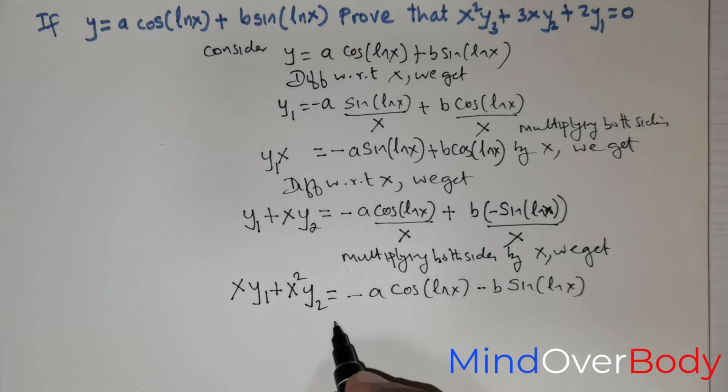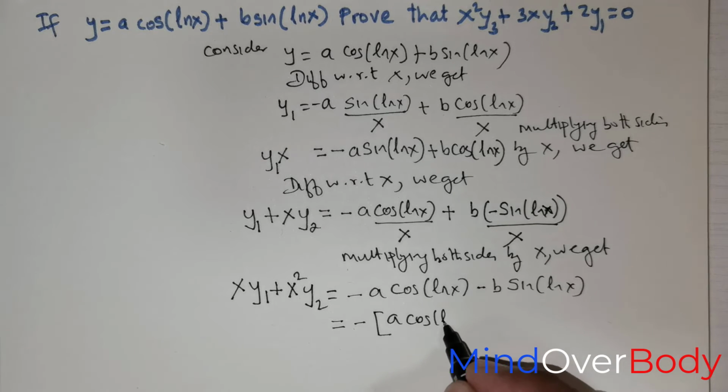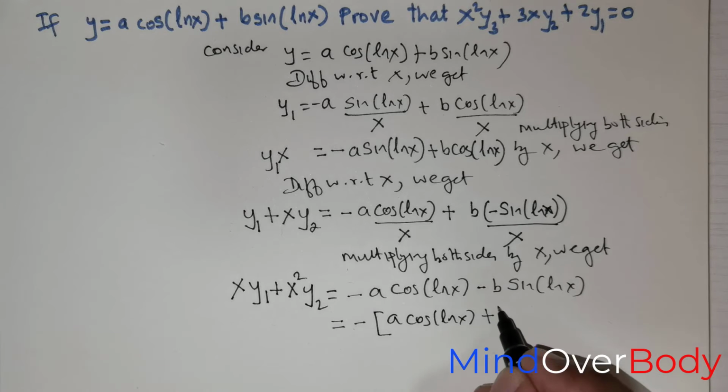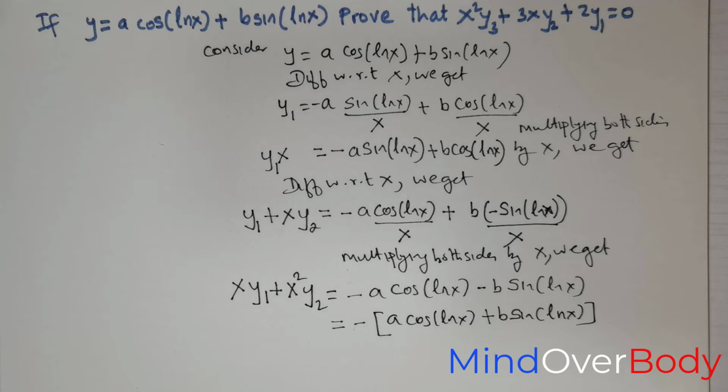Now I can clearly take the negative sign out. If I were to do that, this is going to be a times cos of ln x positive b times sine of ln x. Now what is this?